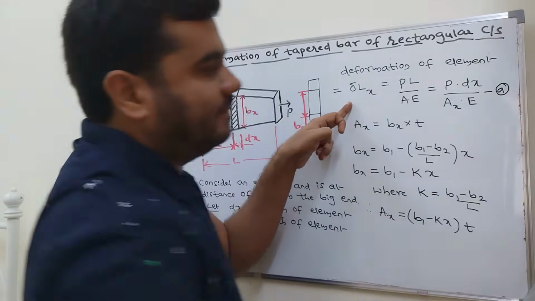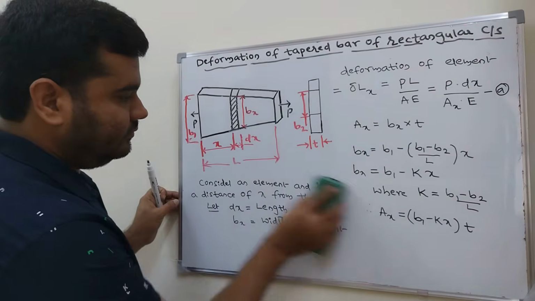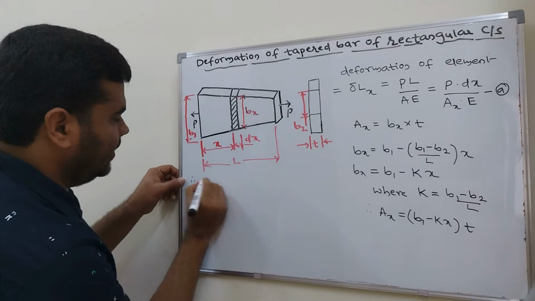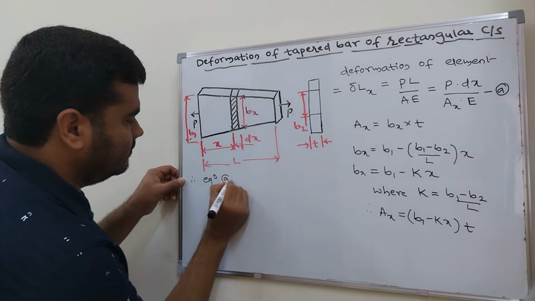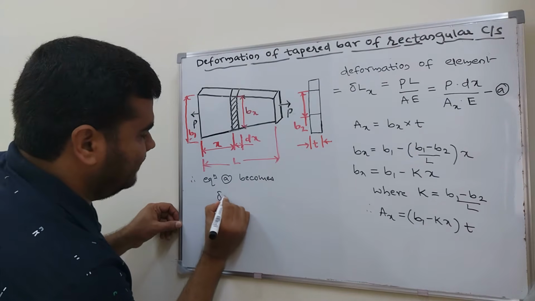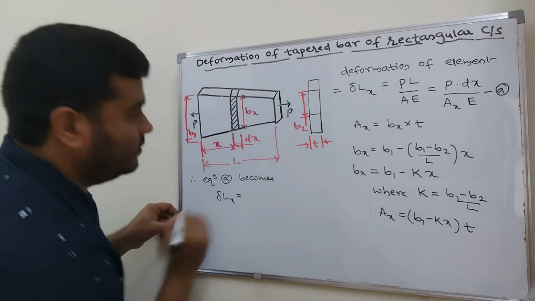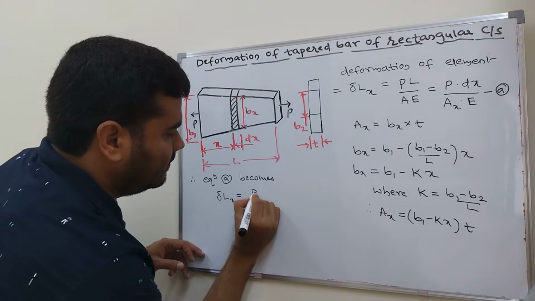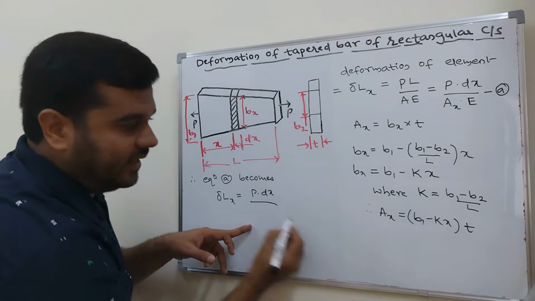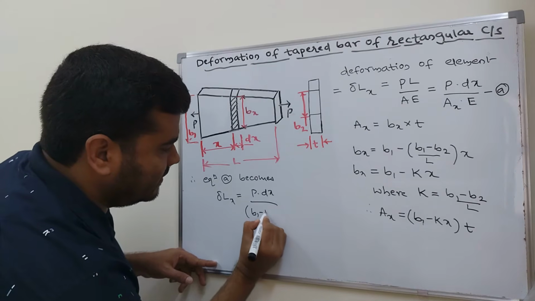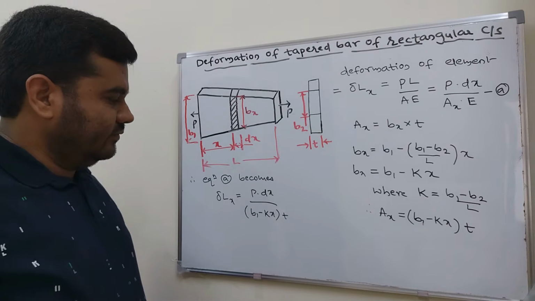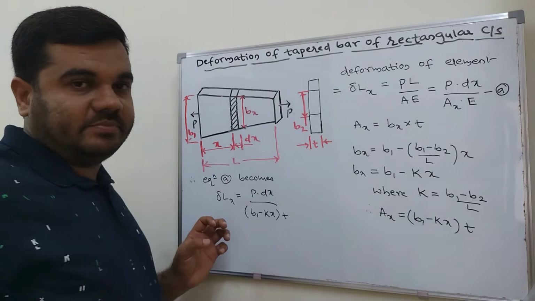I'll call this equation A. Therefore, equation A becomes: deformation of the elemental strip equals P into dx divided by the area of the element, that is (B1 minus kx) into T. So this is the deformation of the elemental strip.